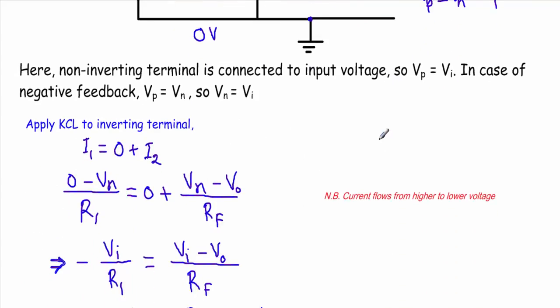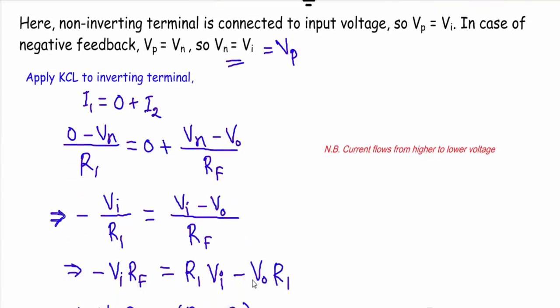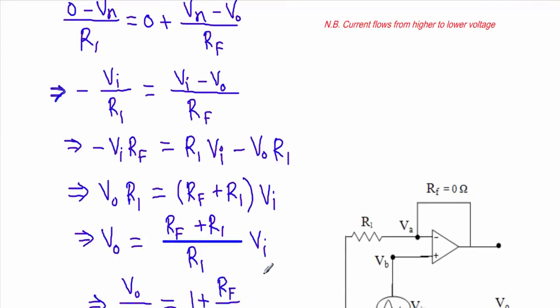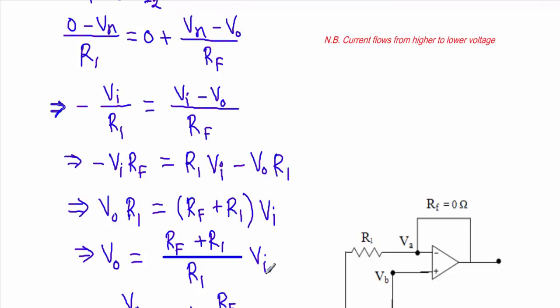Now we know that Vn equals Vi, as Vp equals Vn. So I can write minus Vi divided by R1 equal to Vi minus Vo divided by Rf. If I rearrange this equation, if I cross multiply, then I will get minus Vi Rf equal to R1 Vi minus Vo R1.